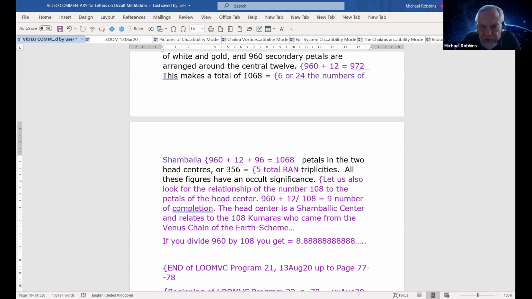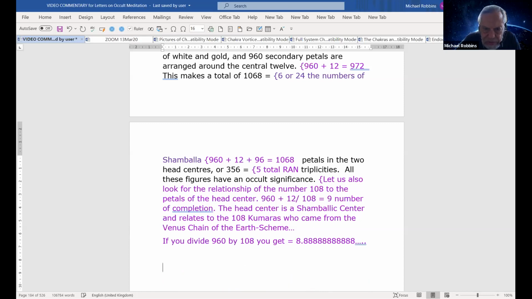So that will have significance. And if you divide 960 by 12, well, maybe have we done that? 960 divided by the number 12, we're going to come up with 8. So there will be 8 tiers of stratified petals, possibly, and the 9th would complete it.